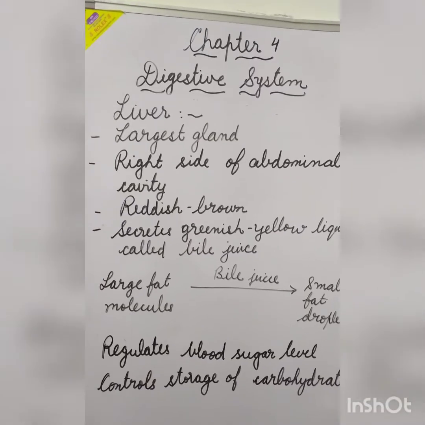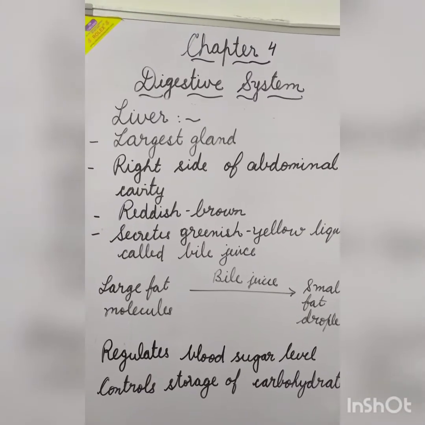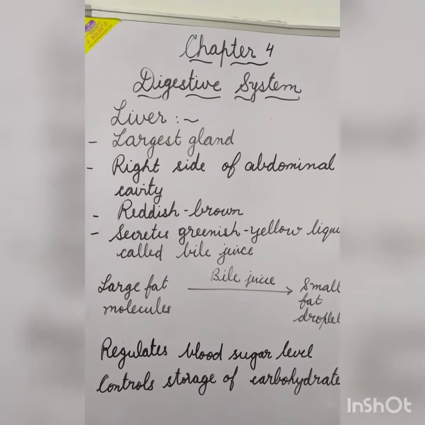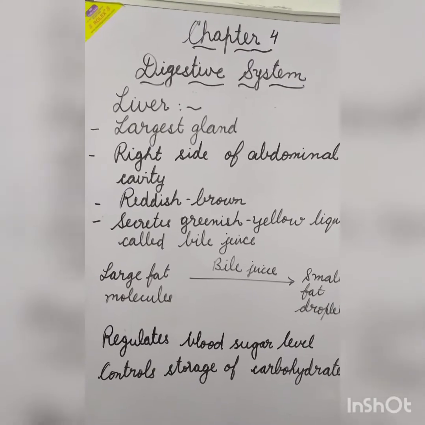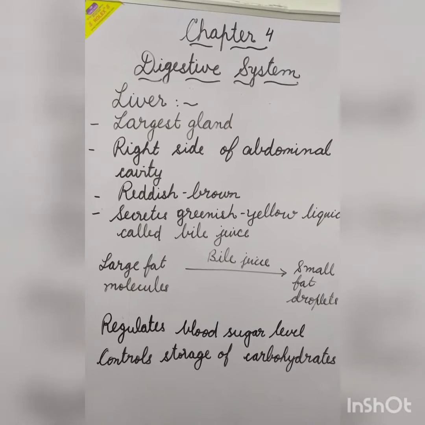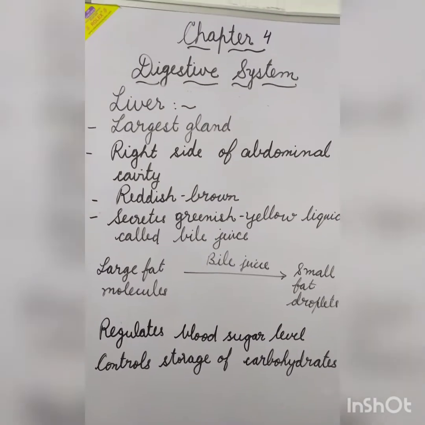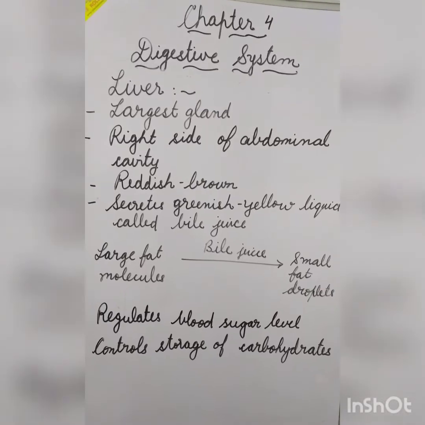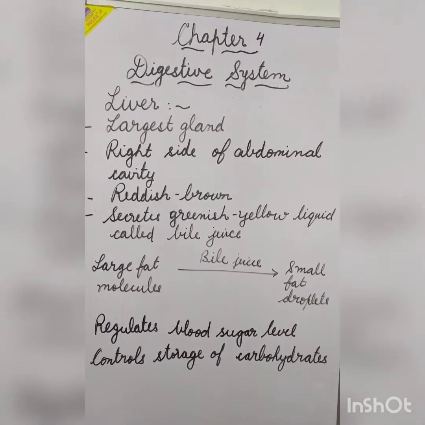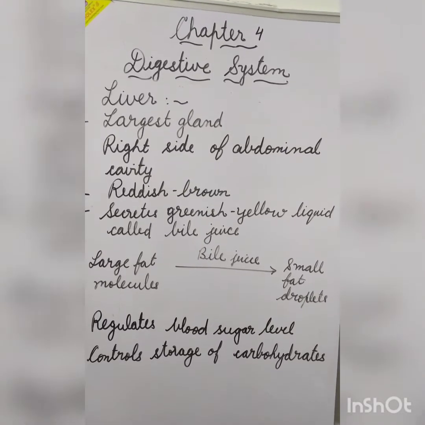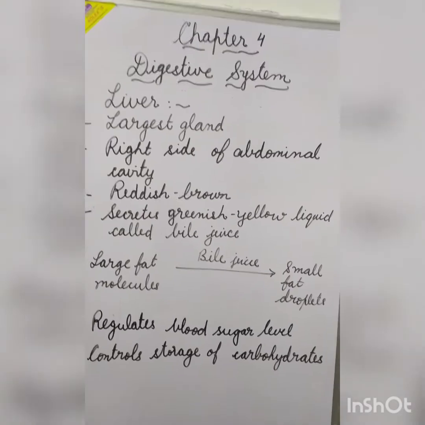Liver is the largest gland found in the human body. It is situated on the right side of the abdominal cavity. The color of the liver is reddish brown. It secretes a greenish yellow colored liquid called bile juice.